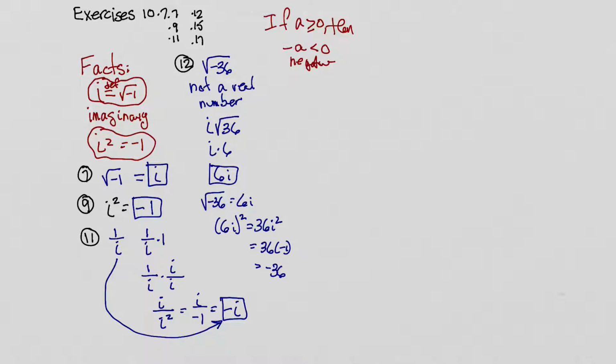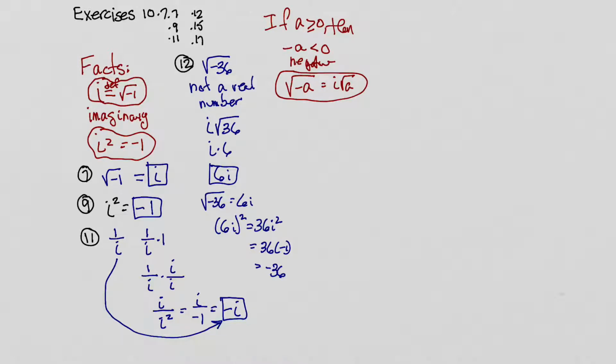And if we write the square root of -a, the first thing we're going to do is take an i out and then deal with the square root of a. So if we have the square root of a negative number, right now a is positive, so -a would be negative, the square root of a negative number is going to be i times the square root of that number.